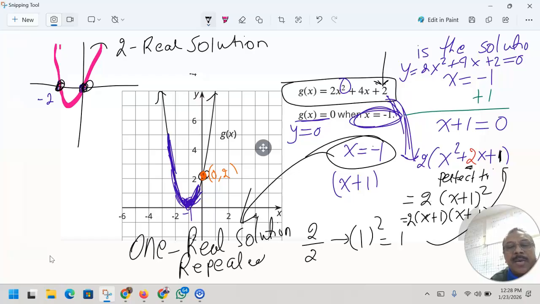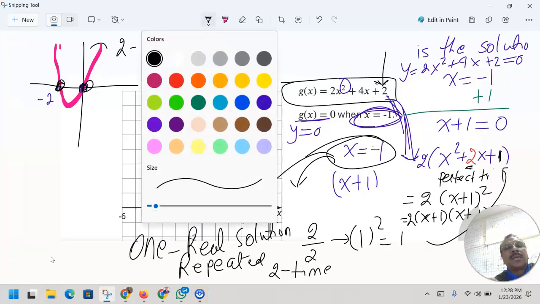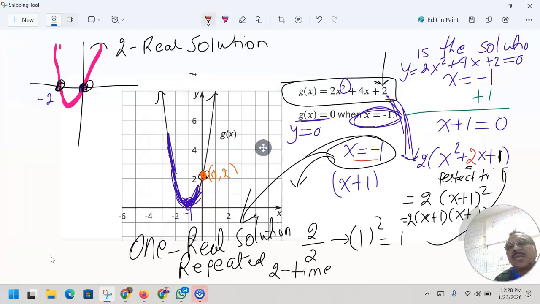And when you say repeated 2 times, this x equals -1 has multiplicity. If you remember the word, what is the multiplicity of that 0? So we write right here, multiplicity 2.